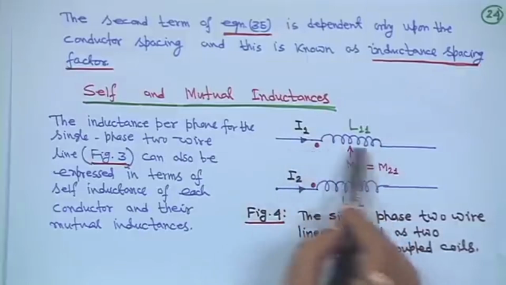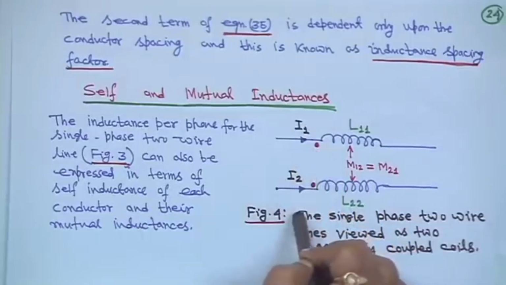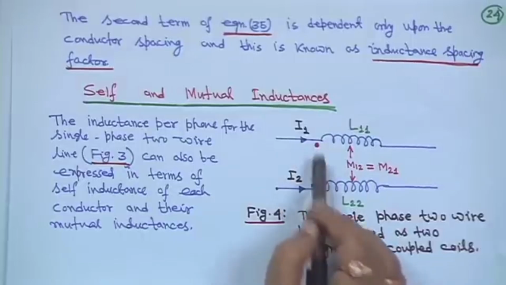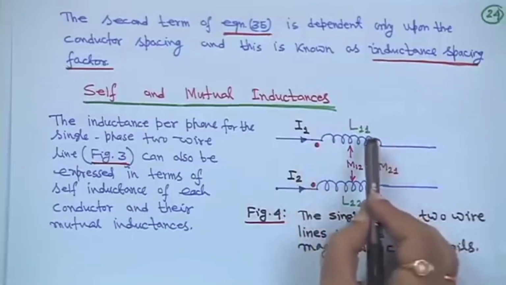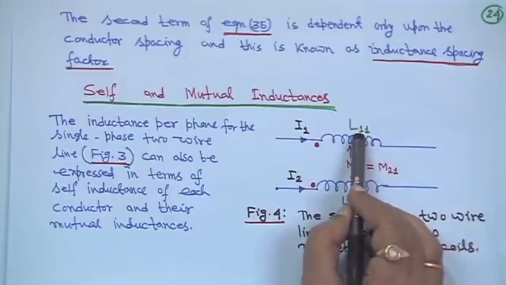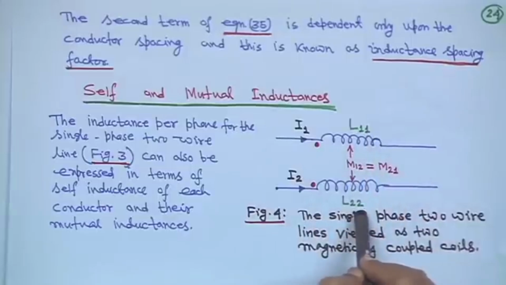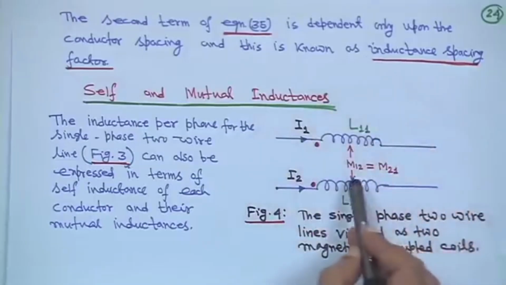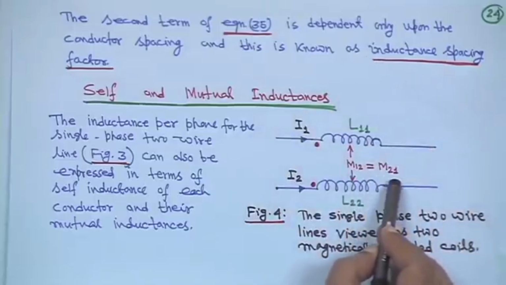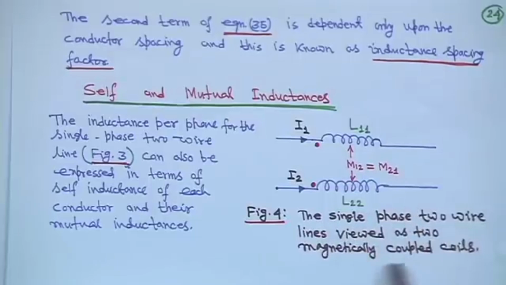One is the incoming and another is the outgoing path, so I1 is actually equal to minus I2. The self inductance of conductor 1 is L11, the self inductance of conductor 2 is L22, and the mutual inductance between them is M12 is equal to M21. This is the single phase 2 wire line viewed as two magnetically coupled coils.